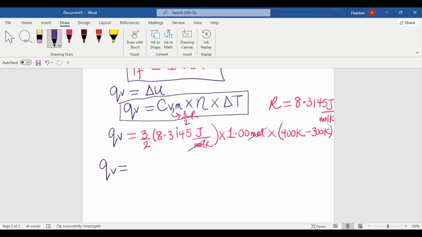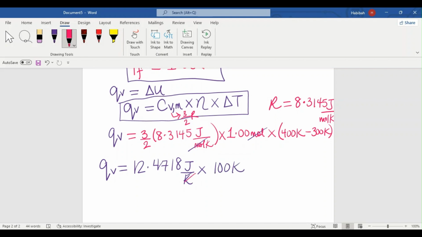We have 3 over 2 times 8.3145. So that would be 12.4718 joules per Kelvin, times 1.00 times 400 minus 300, which would be 100 Kelvin.